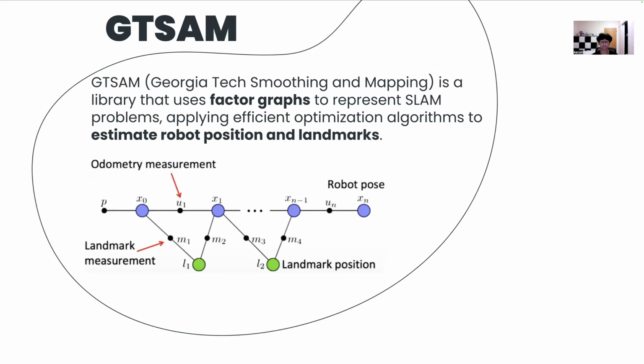The blue nodes are robot poses. The black dots M1, M2, M3, M4, and so on are landmark measurements, and these are connected by an edge to a landmark position, like L1, L2. These are the factor graphs that GTSAM uses to optimize a pathway.